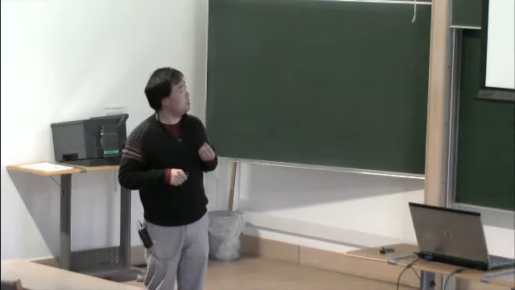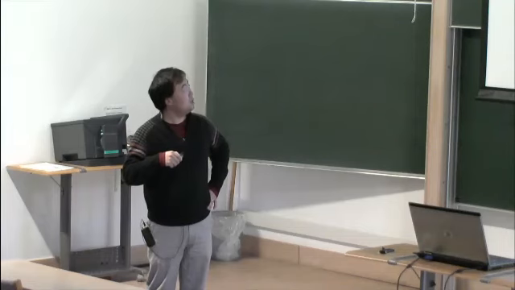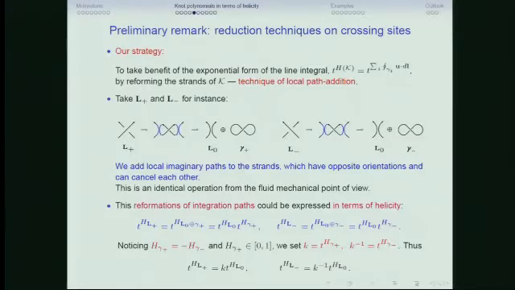Our strategy is to take advantage of the exponential form and the line integral. Line integral means if you modify the path, then you can have some addition. Exponential form means addition on the shoulder in the exponent becomes a product of factors. Let's take overcrossing and undercrossing for instance. For overcrossing, we just do this.